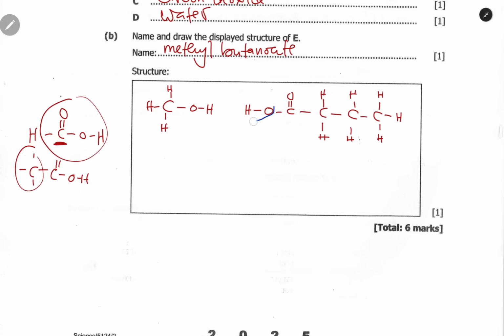This contributes OH, this one just H, and a water molecule, H2O, is removed. So what we are interested in is just the structure of the product. So how is it going to be? It's going to be like this: carbon, hydrogen, hydrogen, then carbon. This is how it is going to be.